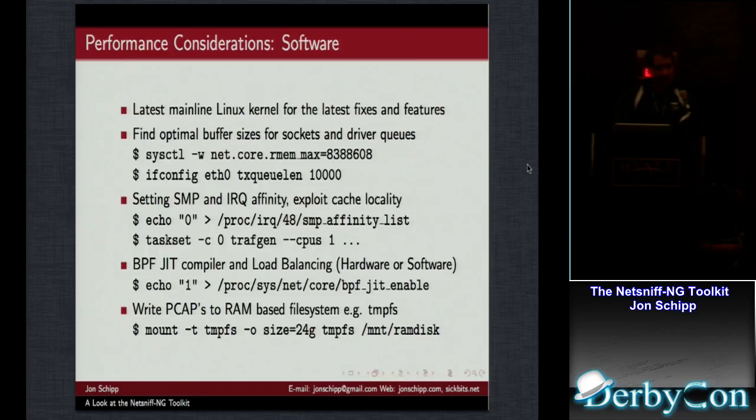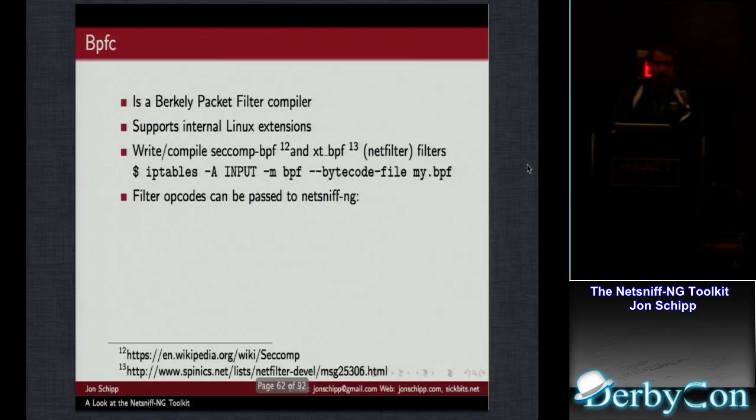You can enable the JIT compiler yourself, just echoing a 1 to the file, and lock that, and so on and so forth. And if your disk is too slow, which is the case for many of us, you can use a RAM disk. Here, as an example, you mount a 24 gigabyte RAM disk, and then we can write to that. And then later on, move it over to your hard drive at night or something.